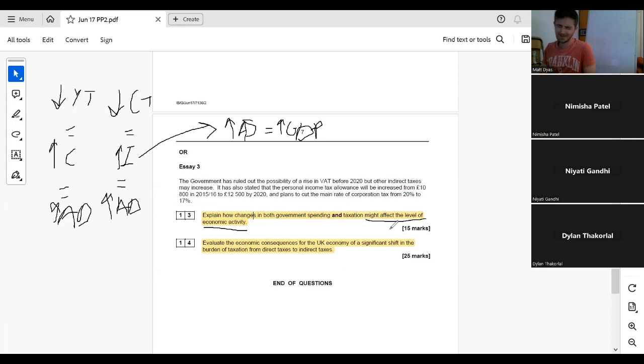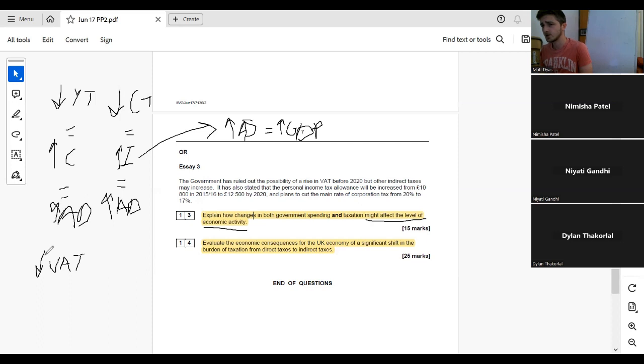We could do similar stuff with taxation. Sorry, indirect taxes. So I've only talked about direct taxes here, income tax and corporation tax. We could also talk about, say, VAT, which is an indirect tax, which means it shifts supply, not demand. So the direct taxes taken straight from people's income or from their profits will shift aggregate demand.